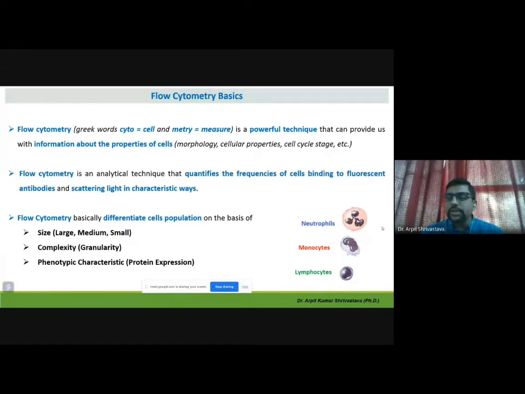Neutrophils have a larger structure in comparison to lymphocytes, and neutrophils are more granular in comparison to lymphocytes. So when a neutrophil passes through the channel, it will give a different scattering effect, and when a lymphocyte passes, it will give a different scattering effect. We'll see that.